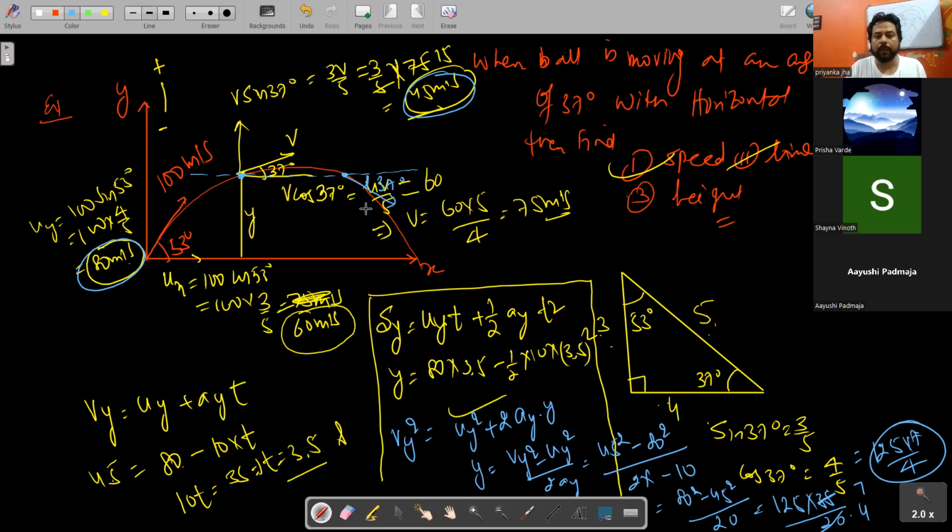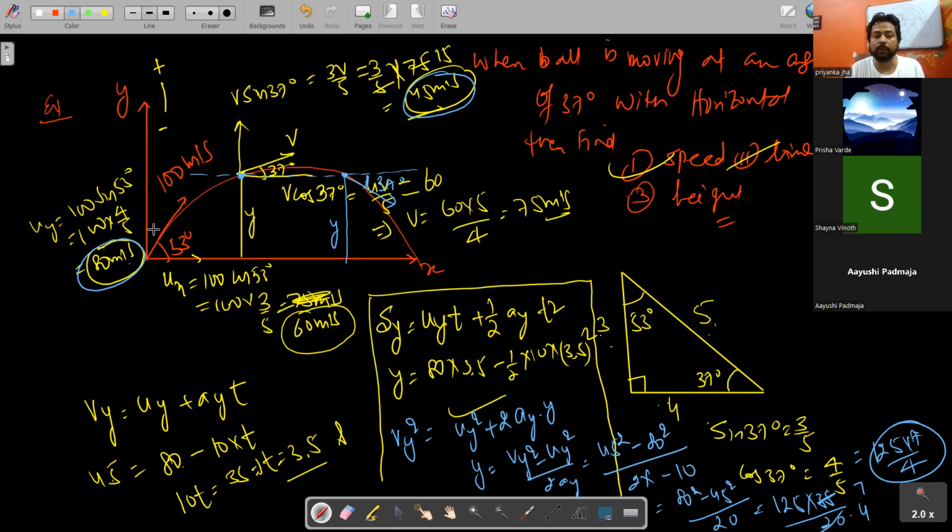And then suppose this ball will come at the same height at two different times. Suppose this is y, so this is also y. You'll calculate this and you'll get some value, right? So at two different times, it will come at the same height. So now you have to find both the times.